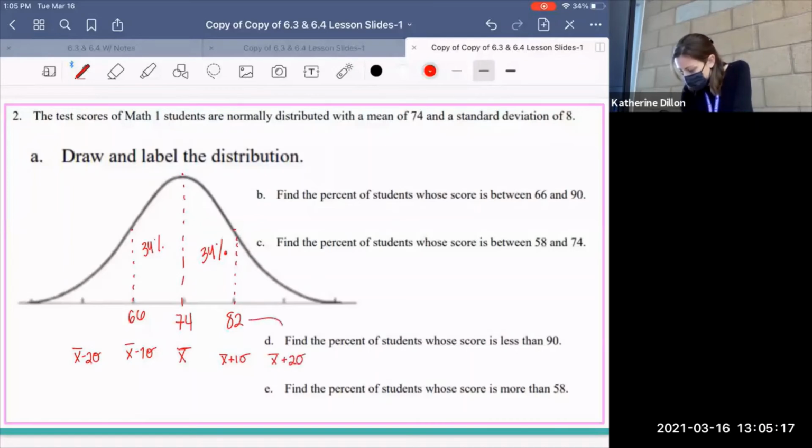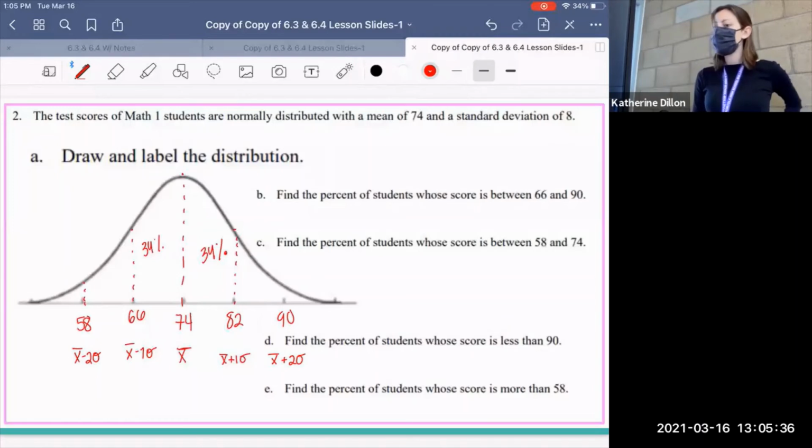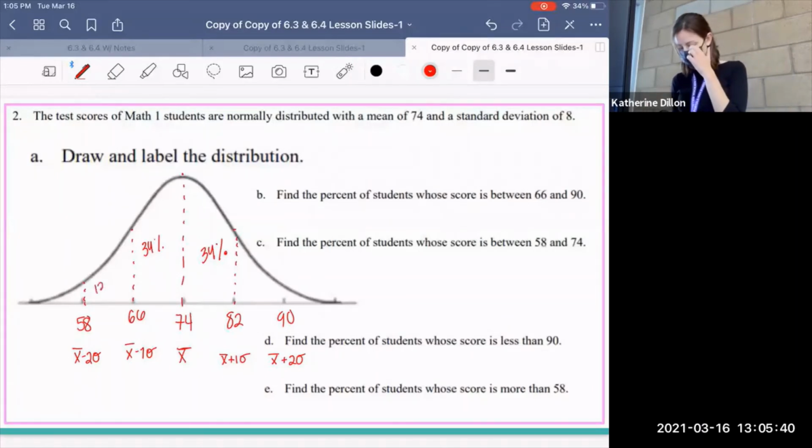So again, I'm just going to add a standard deviation up here. 82 plus 8 will get me 90. 66 minus 8 will get me 58. In between 58 and 66, so in between 2 and 1 standard deviations, I'll have that 13.5 number. In between 82 and 90, I'll also have 13.5%.